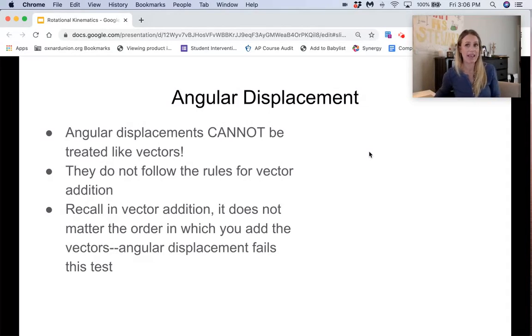Now here with angular displacement, it does matter the order in which we add them. So for linear vectors, if we had vector A plus vector B plus vector C equals some resultant vector, we could also say vector A plus vector C plus vector B equals that same resultant vector. For our angular displacement, it doesn't work like that.